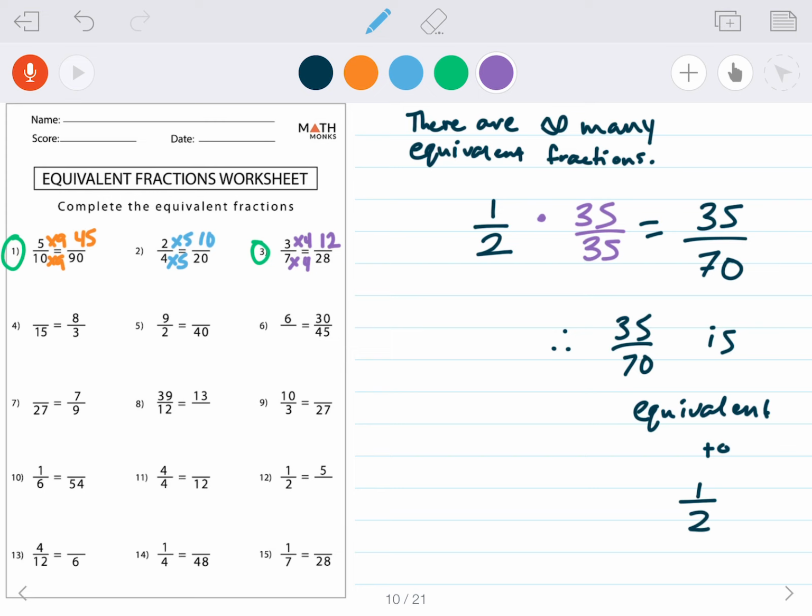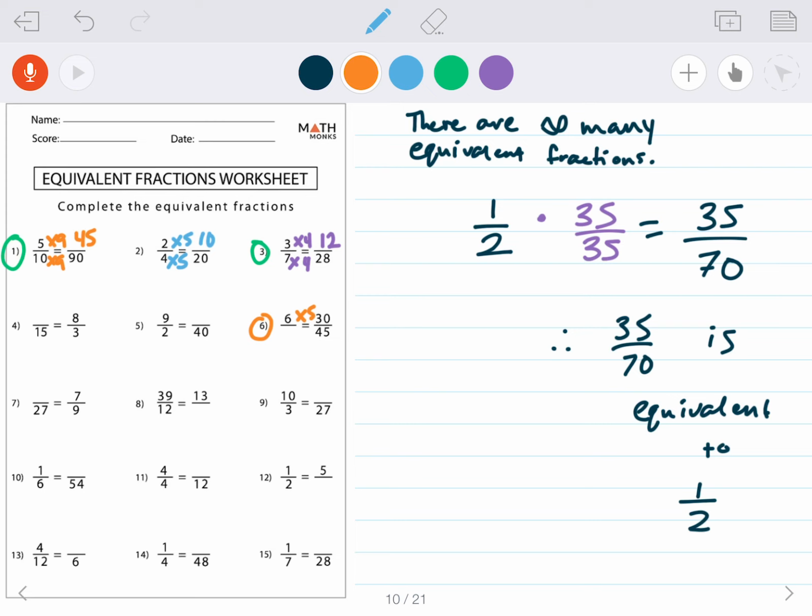Okay, so let's look at this one right here. We have 6 over something is equivalent to 30/45. Since I'm given both of the tops here, I'm going to use those. It says 6 times what is 30? Well, that's going to have to be 5. So whatever I do to the top, I have to do to the bottom.